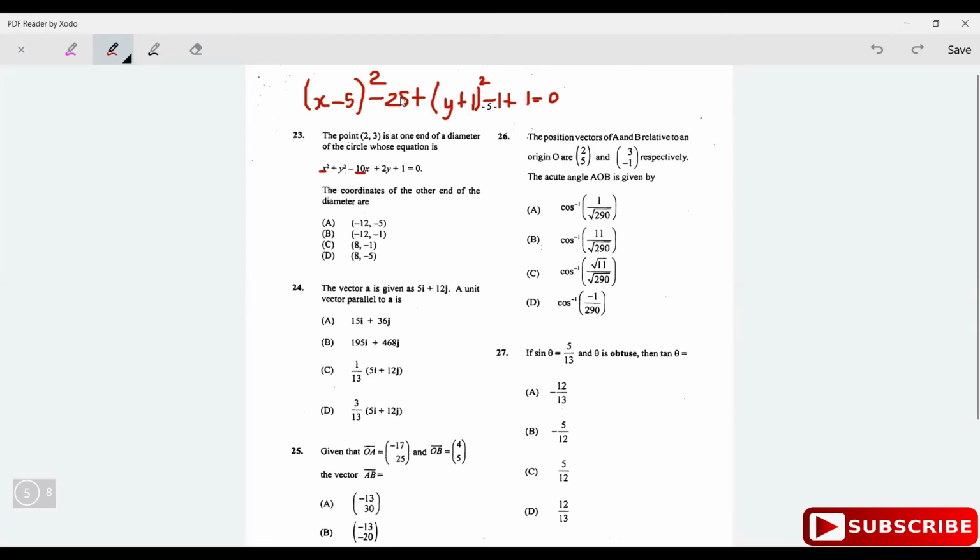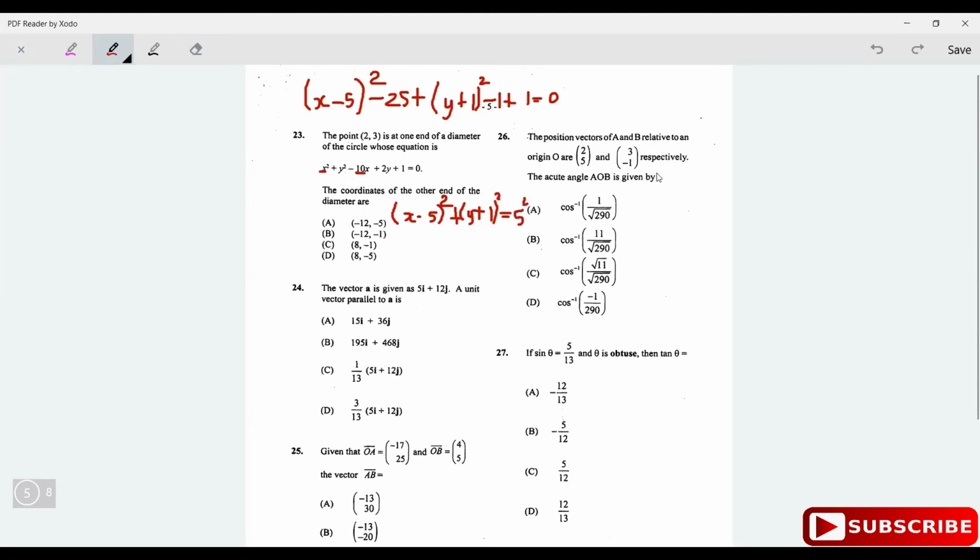All right, I'm going to put it in its standard form for us to see. So what we end up getting is (x minus 5) squared plus (y plus 1) squared, and that is equal to 5 squared. Nice.